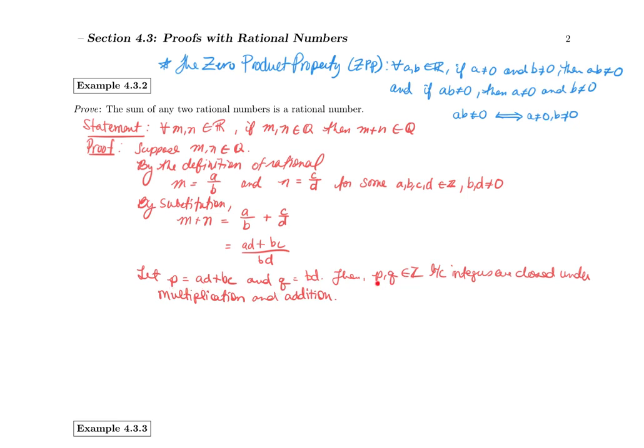We have shown that they're both integers because integers are closed under multiplication and addition. But now we need to invoke this ZPP, this zero product property. So we would say by the ZPP, or you can say by the zero product property if you want, Q does not equal 0.